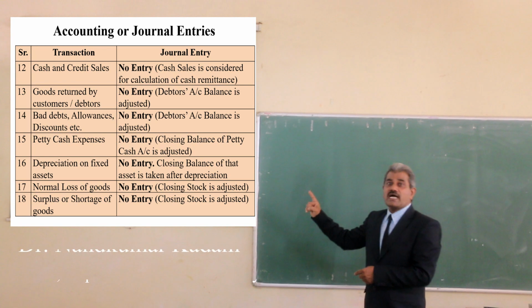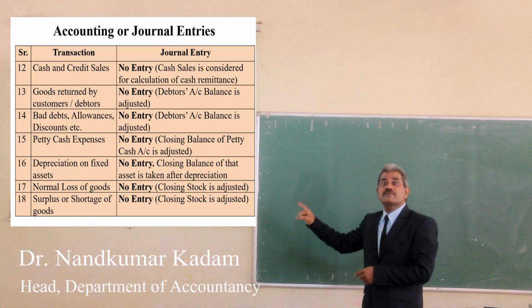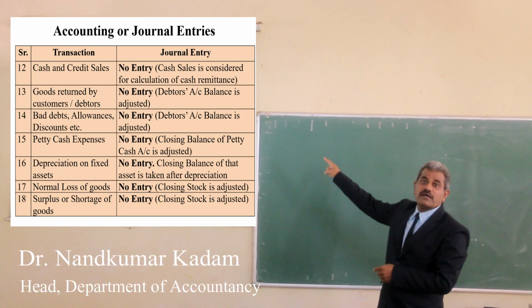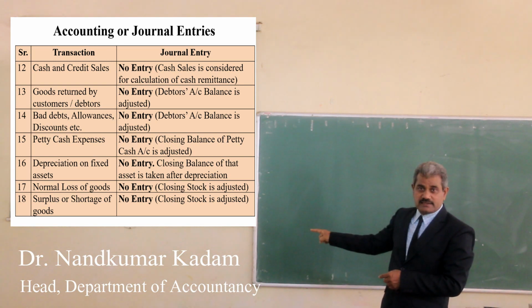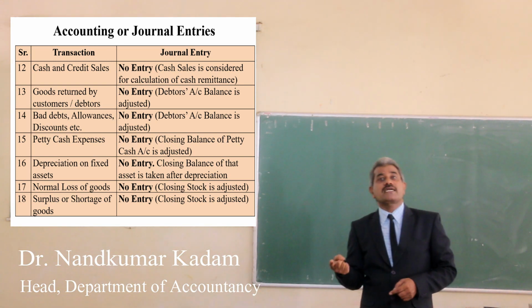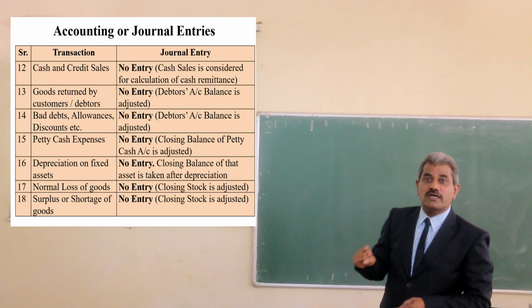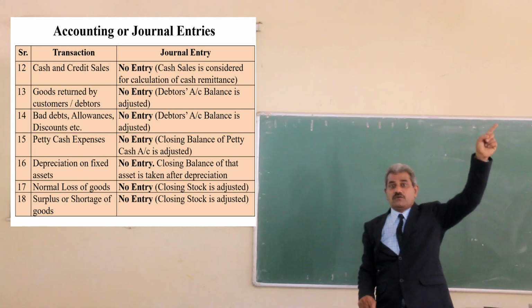But these items are adjusted in the calculation of closing balances. After adjusting these items, the closing balance will be calculated and these closing balances will be recorded in the branch.